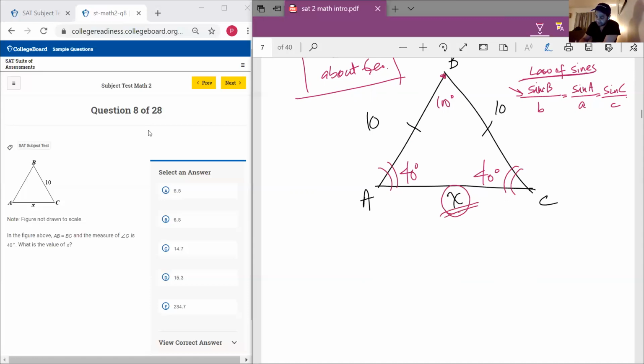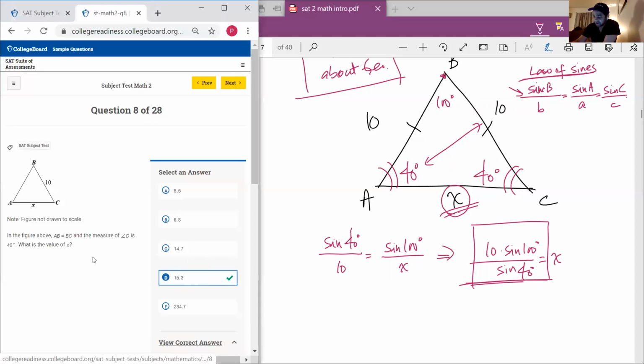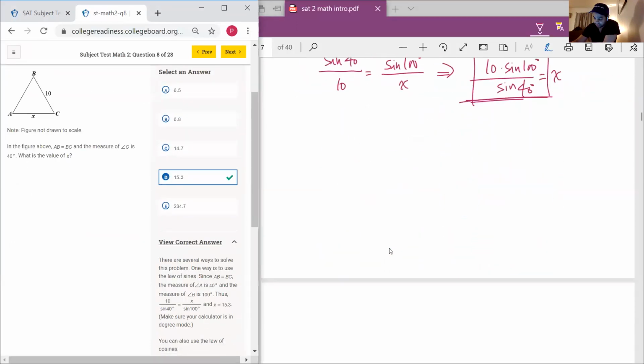So to find X, we can take this pair of opposite angles and sides. The answer is just going to be this guy, right? Okay. So you can just plug this into the calculator and see what this turns out to be. Let's see. Yeah, 15.3.